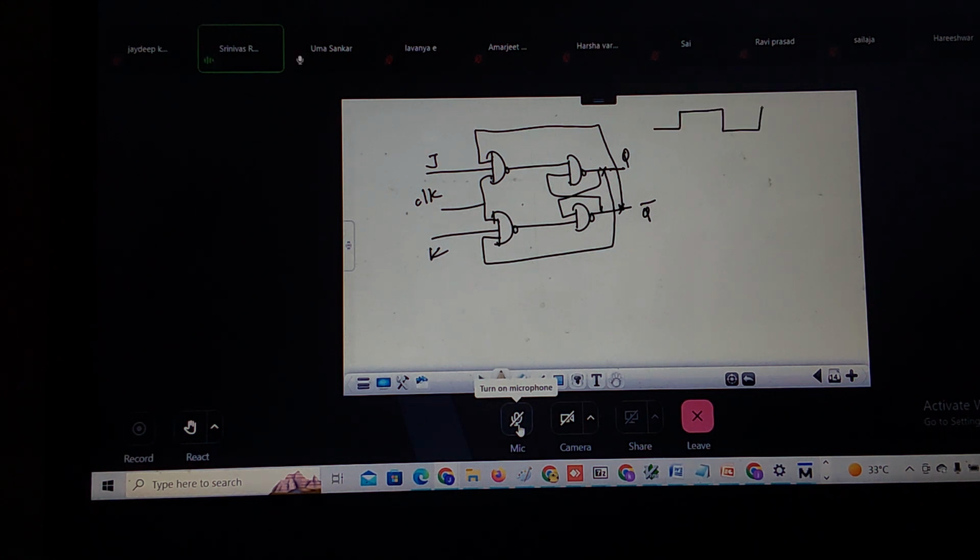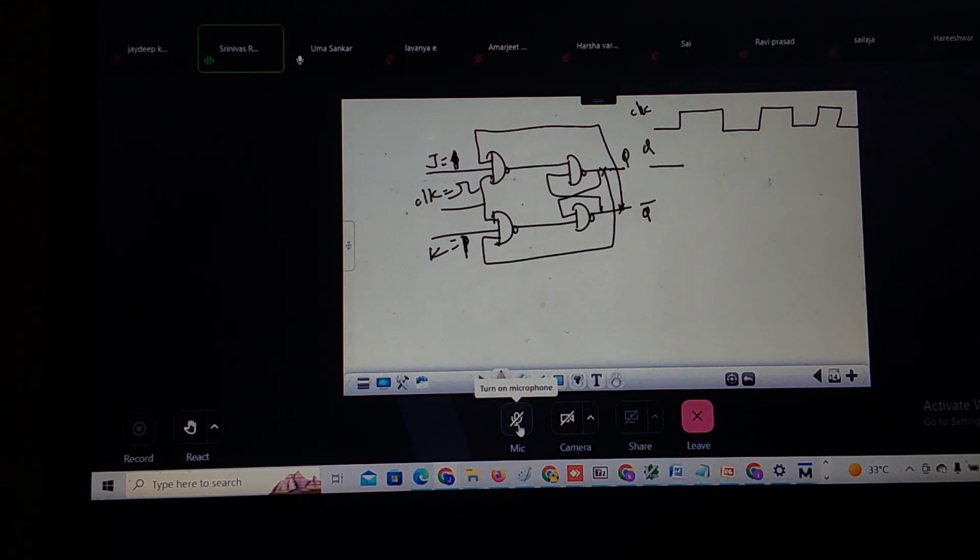This is my clock. Let us run the clock. When J is equal to 0, K is equal to 0, memory state. J equal to 0, K equal to 1, reset state. J equal to 1 and K equal to 0, set state. But when J is equal to 1, K is equal to 1, when you give the clock to this, what happens?